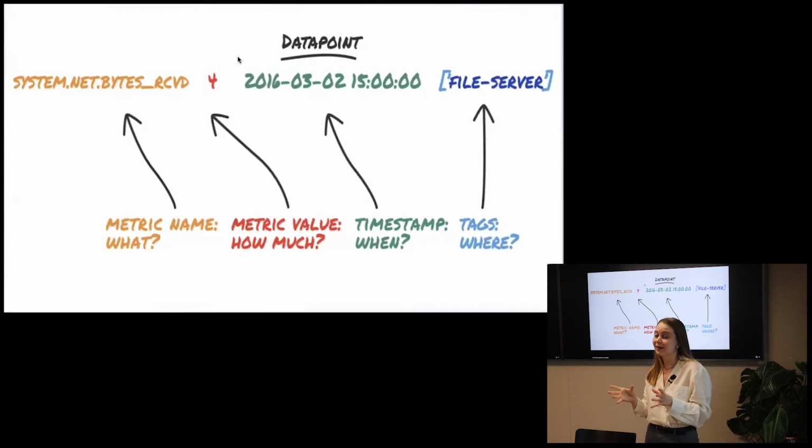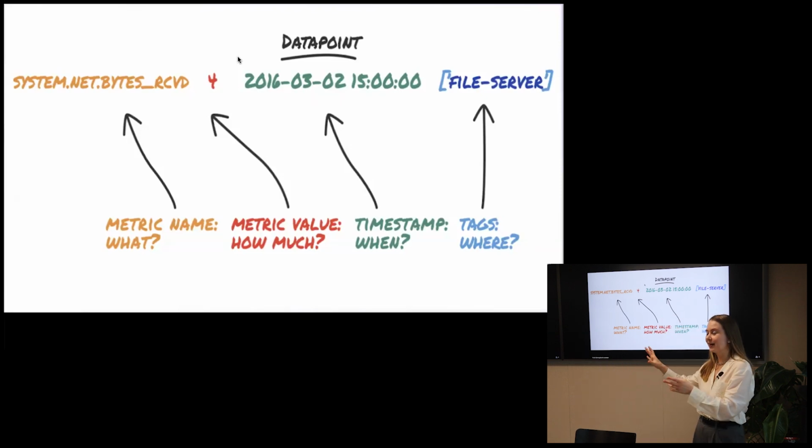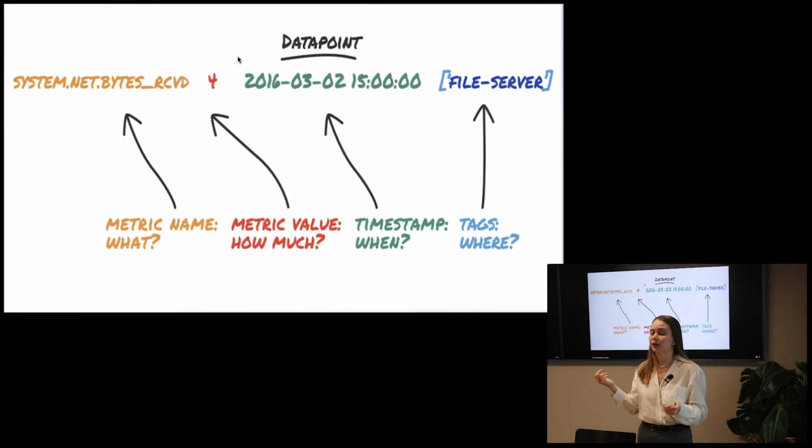And tags are really important because tags is where you can slice and dice data. So for example, you can have the same metric, but the tag would be production environment or development environment. And there are several ways to add tags. And if you use some vendors, they will do lots of tagging out of the box as well.